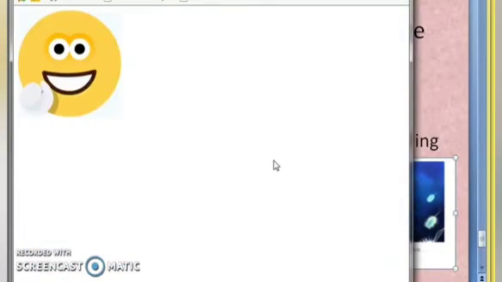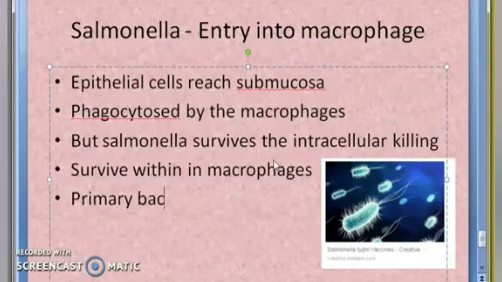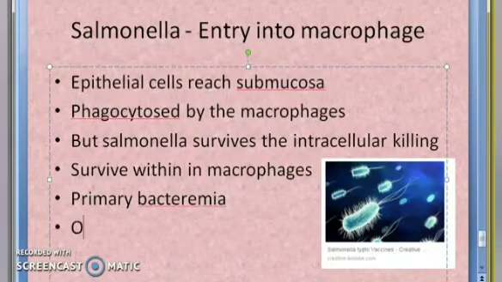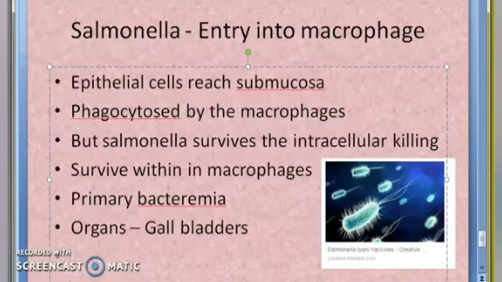Please get up if you are sleeping. We are talking about primary bacteremia, and then it goes to the organs, gallbladder, especially it loves to divide in gallbladder because it loves bile. Okay, it goes to gallbladder, liver, lungs, kidney.